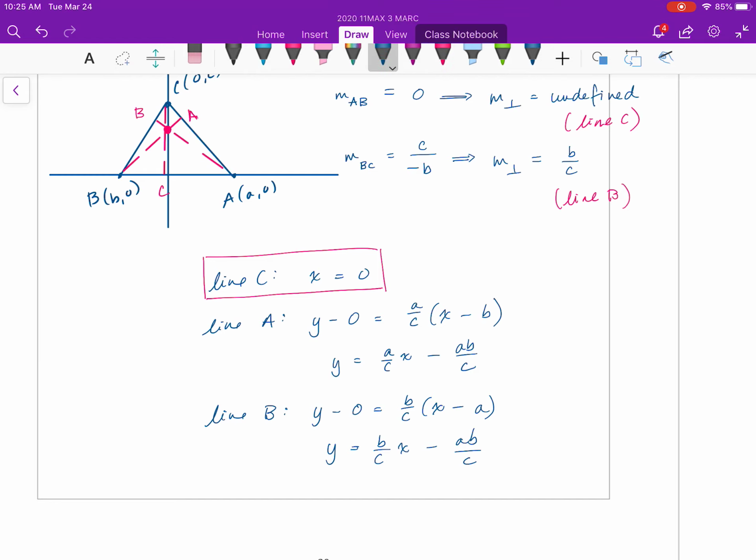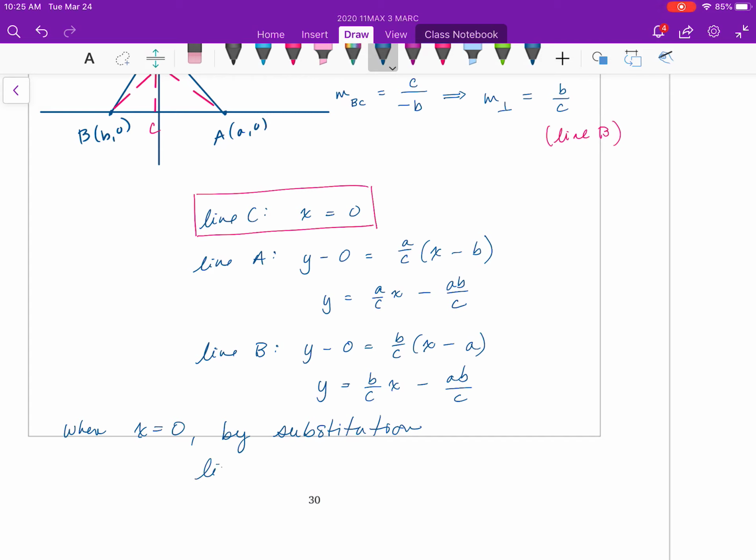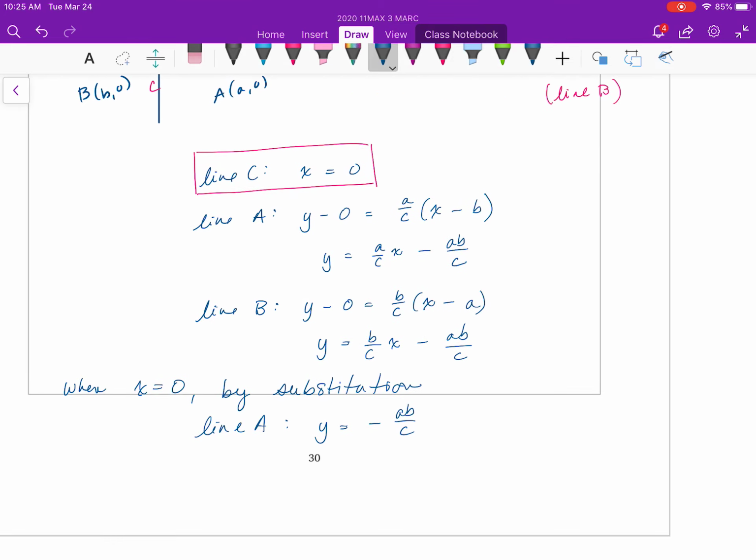So when x equals 0, by substitution into line A, when I substitute in 0 for x, I get y being negative ab on c, which is the y-intercept. By substitution again for line B, substituting 0 in for x, the y-intercept for that is also the same thing.